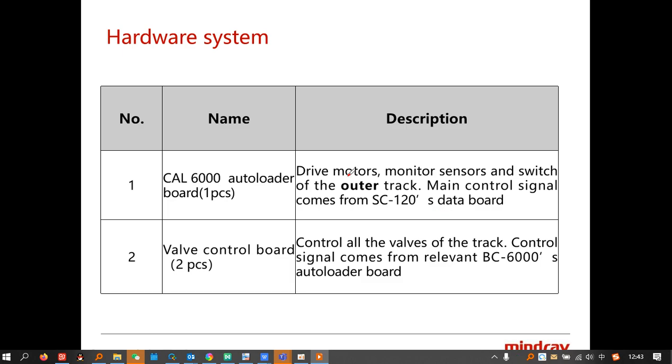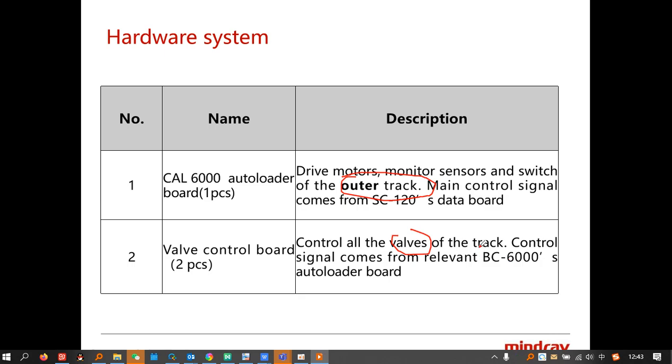And the functions of the 2 kinds of board: the autoloader board will drive the motor and switch the outer tracks and receive the main control signal. And the well control board will control the valves of the tracks and receive the signal from the BC6000.